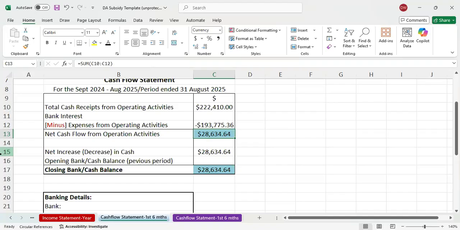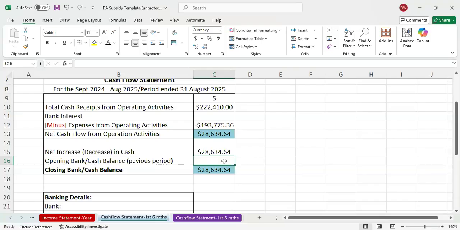This year, let me highlight it. The net increase of cash will be 28, which is what was simply taken from above. However, in addition to that, what's going to be added here is the opening bank or cash balance from the previous period.